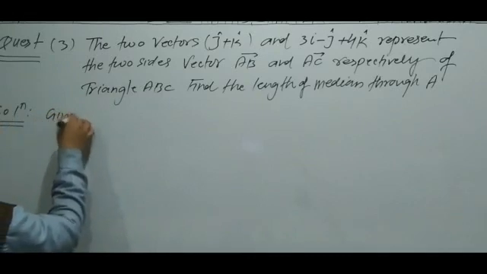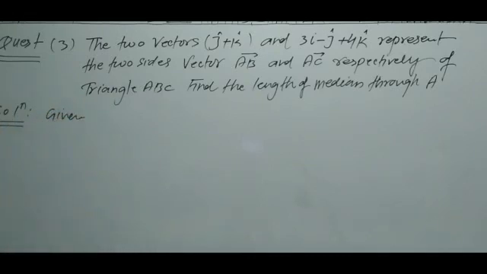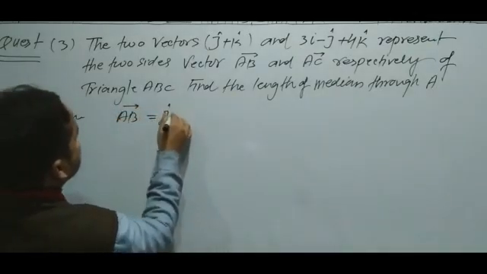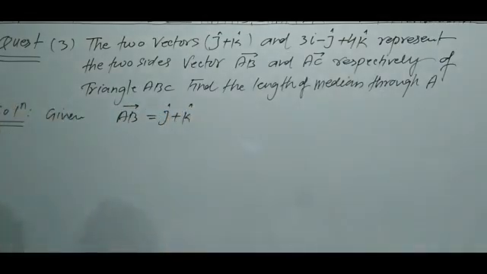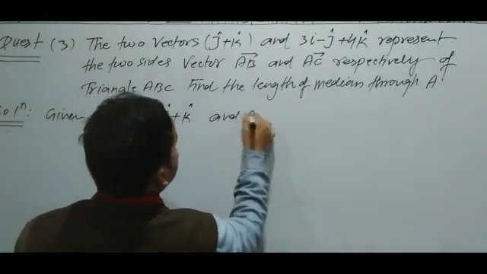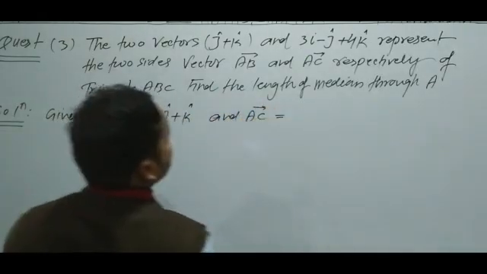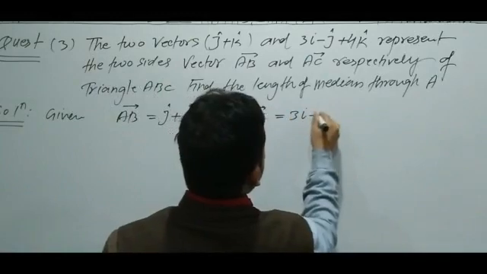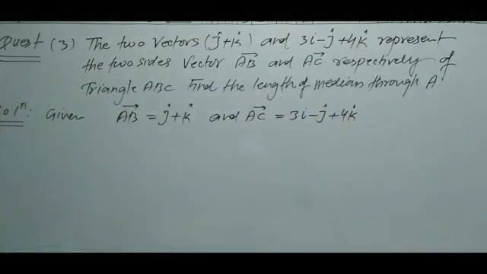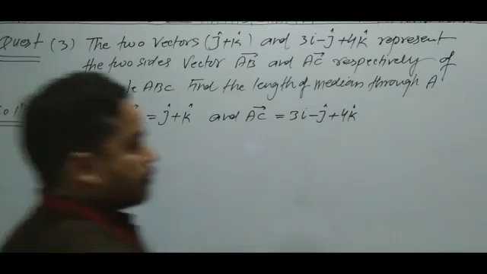Given vector AB is equal to j plus k, and vector AC is equal to 3i minus j plus 4k, and triangle ABC is here.